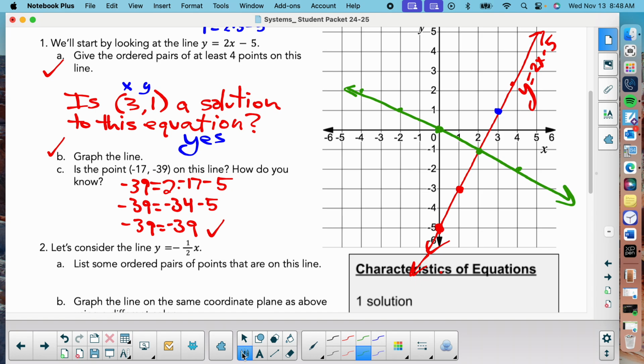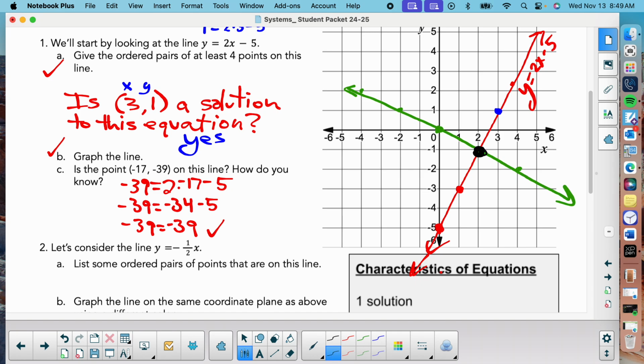Sometimes they will call those a solution to the system. That's kind of the short way of saying it, but I'll do my best to try to phrase it correctly. Because each line has a bunch of solutions, each line has a bunch of points. On this one, we can see that the two lines cross at one spot.